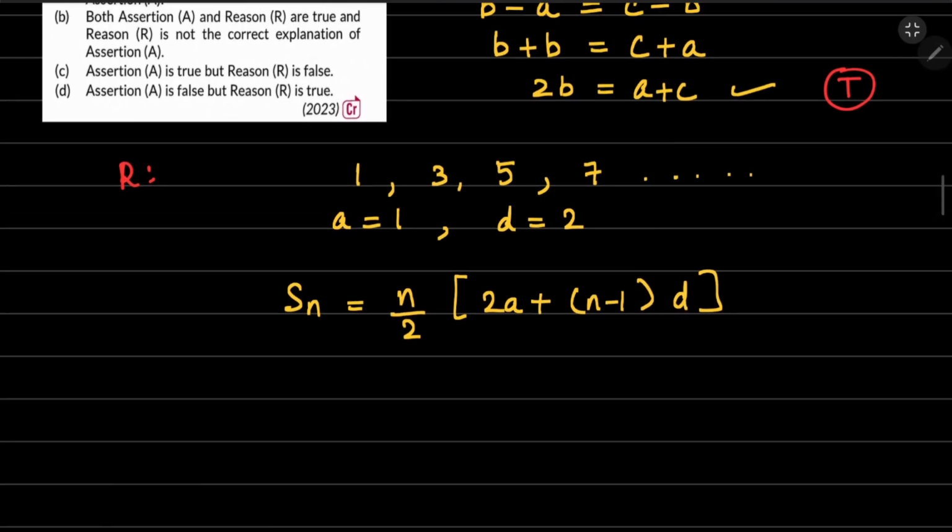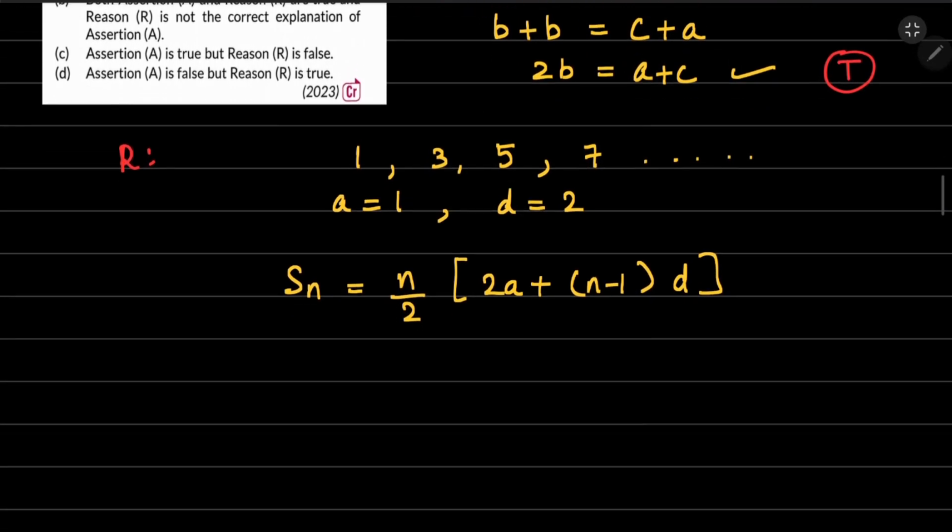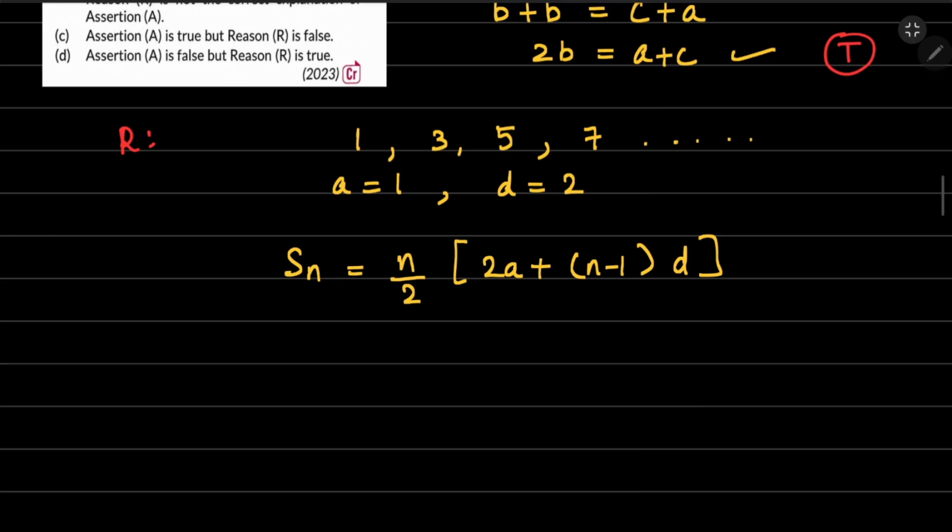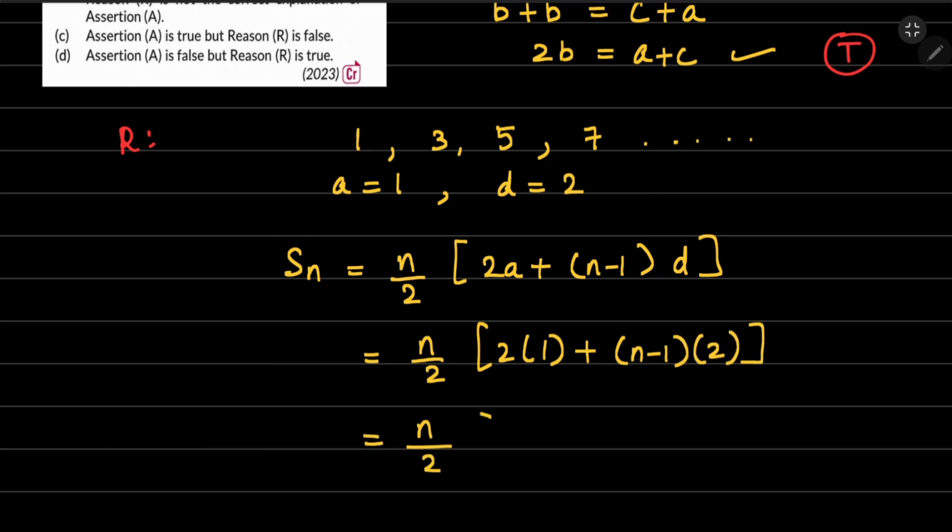Let's substitute. We don't know what n is here. So this is equal to n by 2 into 2A, which is 2, plus n minus 1 into d, which is 2. Let's solve it. So n by 2 multiplied by 2 plus 2n minus 2.